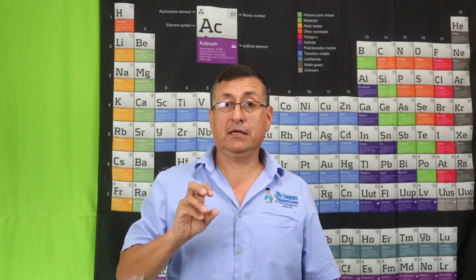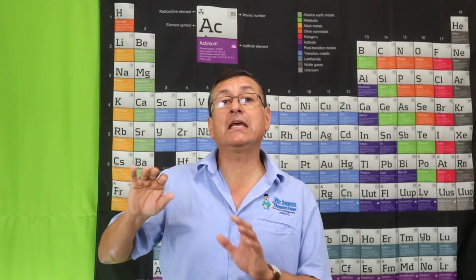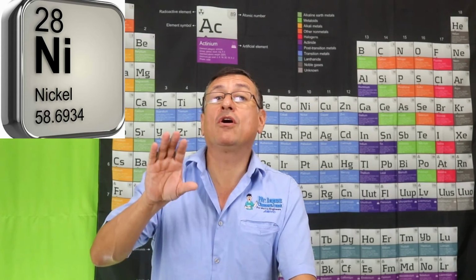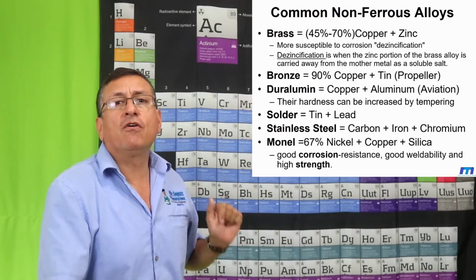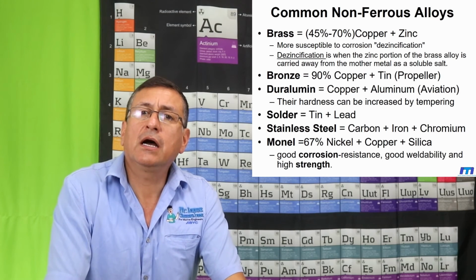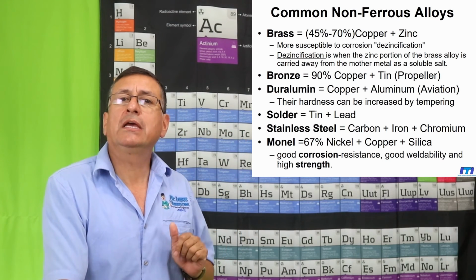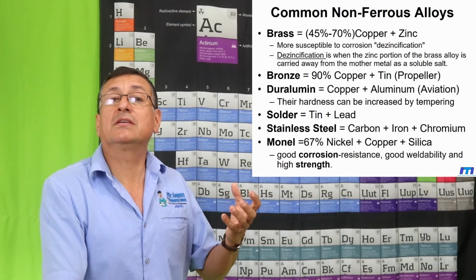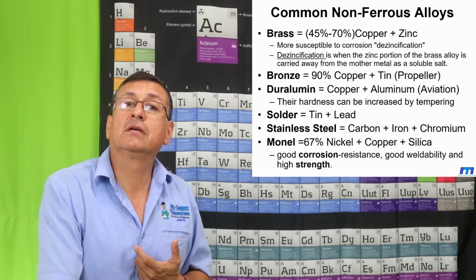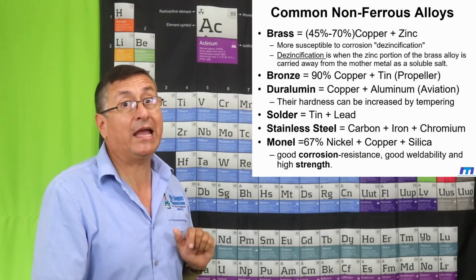The only metal in a non-ferrous alloy that inhibits the corrosive properties is nickel. According to the amount of nickel in the non-ferrous alloy, the alloy could be non-corrosive. Yes, we are going to study a lot of non-ferrous alloys. And we are going to study which alloy is marine grade, which alloy is authorized in marine environments, which alloys are not, like brass.